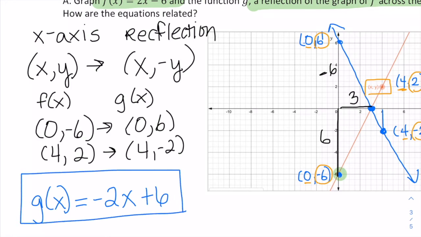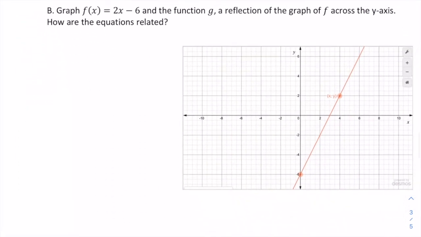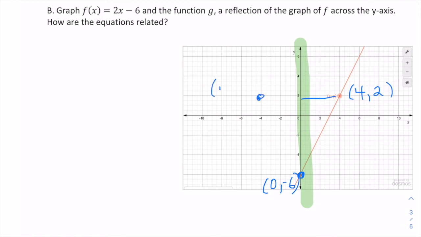Now let's look at the graph when it's reflected on the y-axis. So on the y-axis, which is right here, all of these points are going to be reflected like a mirror. And you can see already that this point 0, negative 6 is still going to be on the mirror, and so it'll be on the reflection. And this point over here, which is 4, 2, is going to be a reflection for negative 4, 2.